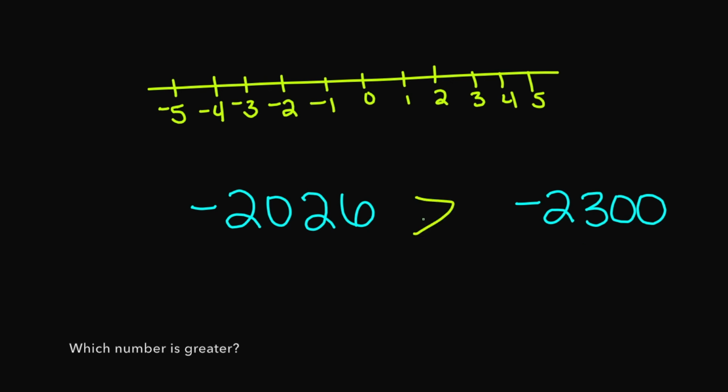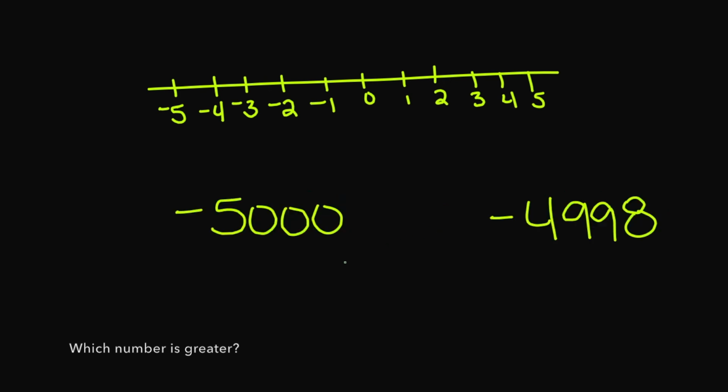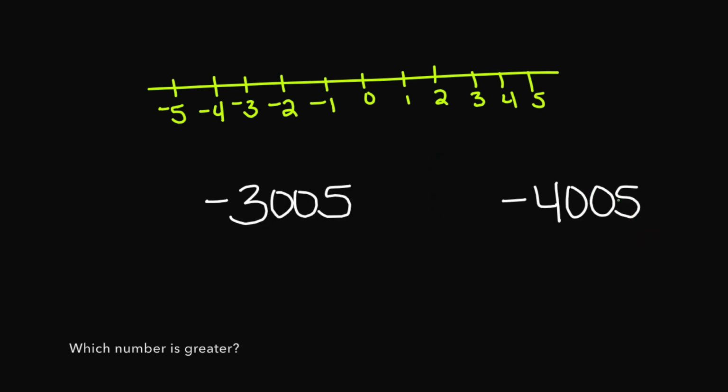The larger number here is going to be -2026. -5000 and -4998. -4998 is greater than -5000. -3005 and -4005. -3005 is greater than -4005 because -3005 is closer to 0 than -4005.